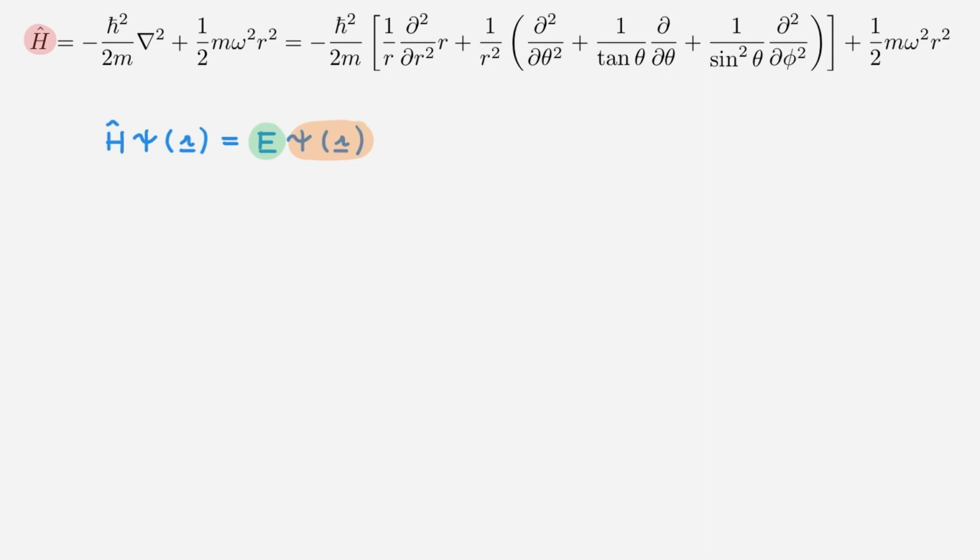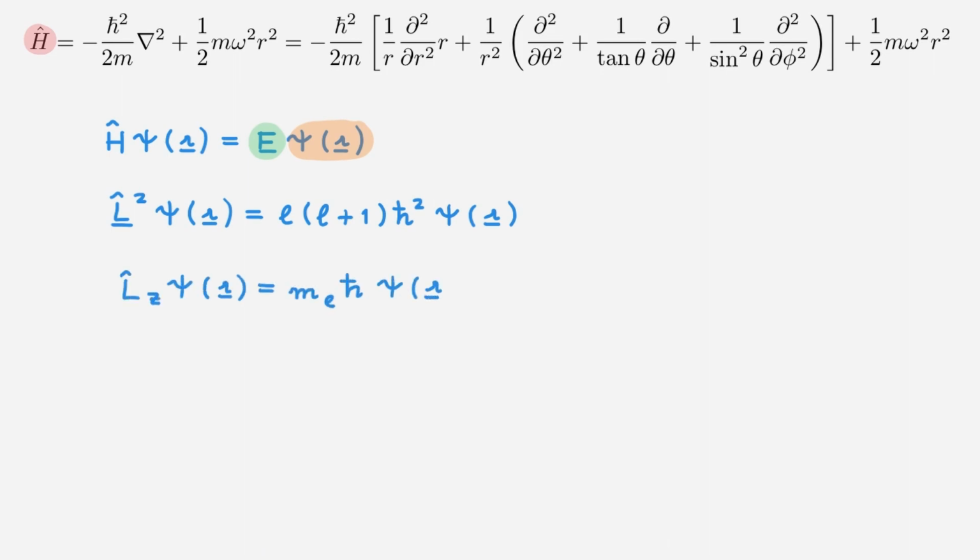In the videos on central potentials, we learned that the Hamiltonian describing a central potential commutes with the orbital angular momentum operators. What does that mean? It means that the eigenfunctions of the Hamiltonian can be chosen to also be eigenfunctions of the squared orbital angular momentum and eigenfunctions of the z component of orbital angular momentum.